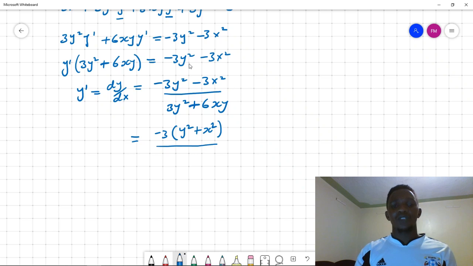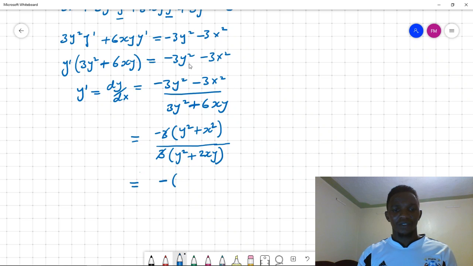So it's okay to have x and y as one term, so there is no need of factoring out y, and therefore we can just factor out 3 and have y squared plus 2xy. These 3 will cancel with these 3.